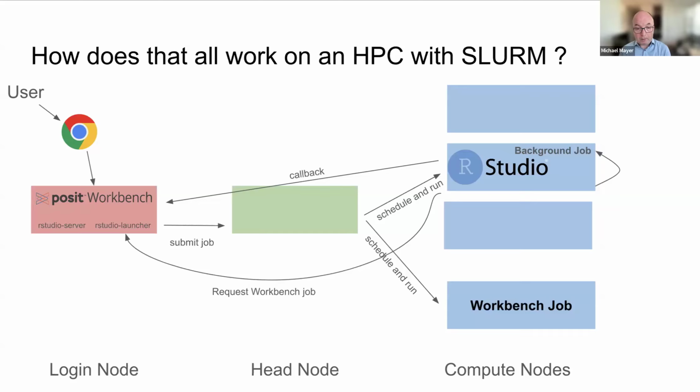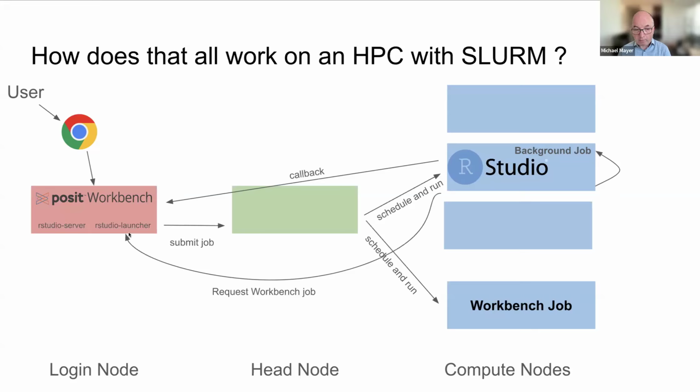And as we discussed earlier, a background job is something that is being run within the same session. So you see the background job has just an arrow pointing back to the same session on the same compute node. However, if this RStudio session requests a Workbench job, then this RStudio session is talking back to the Workbench server, to the launcher specifically, and sending another resource request.